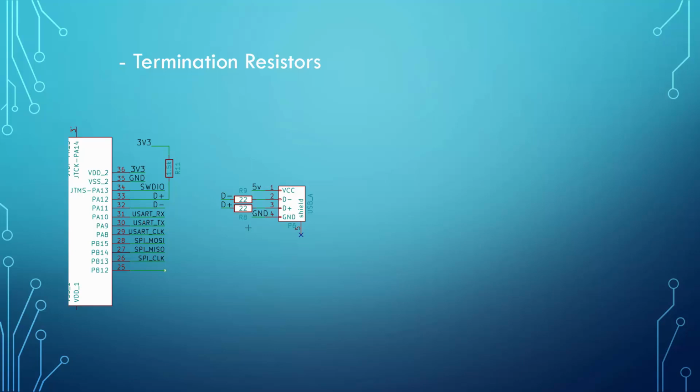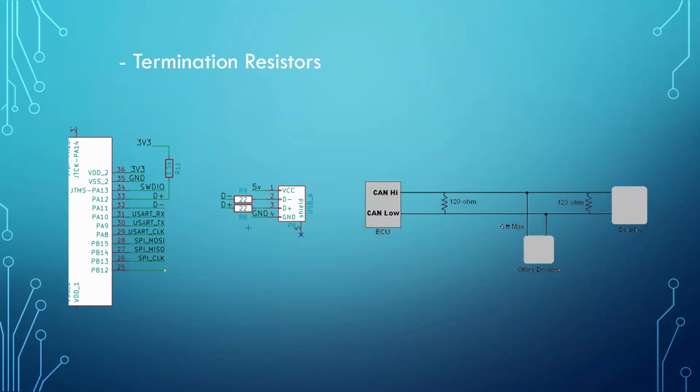Or you may be seeing them in long distance communication systems like RS485 and CAN protocols. The purpose of using this resistor is to prevent reflection of signals. Reflection can cause problems on our original signal. They are advanced topics and I will cover them in future videos.